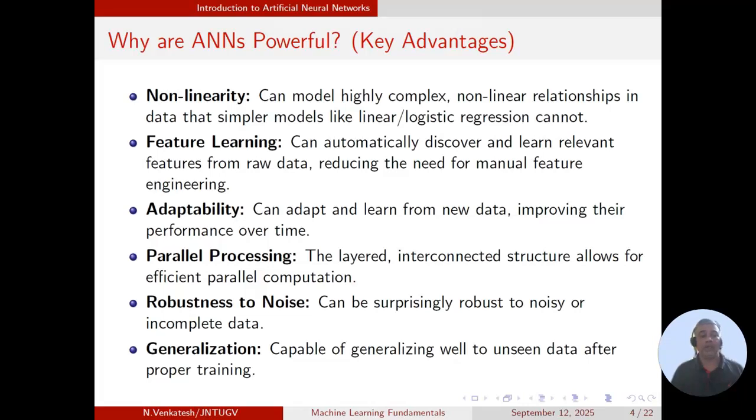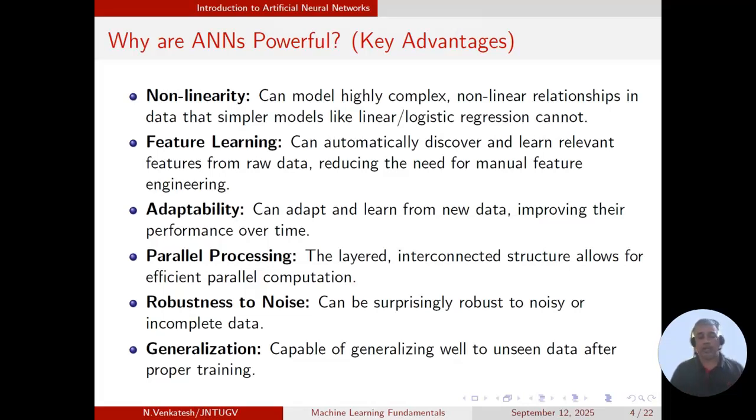Another important feature of these artificial neural networks is that they can take raw data directly. You don't need any feature engineering to identify features from image data or text data. It can directly take the data, discover the relevant features and then do the tasks. So this is one of the reasons why it is popular, in applications like ChatGPT.